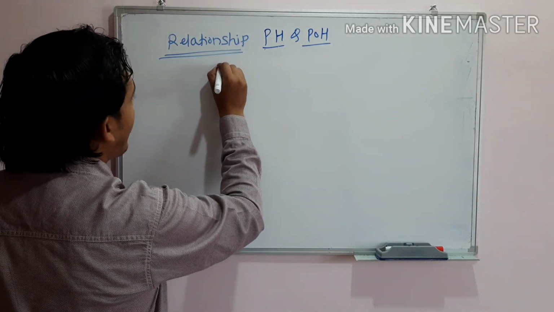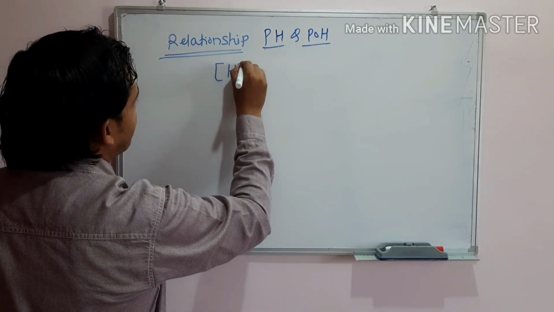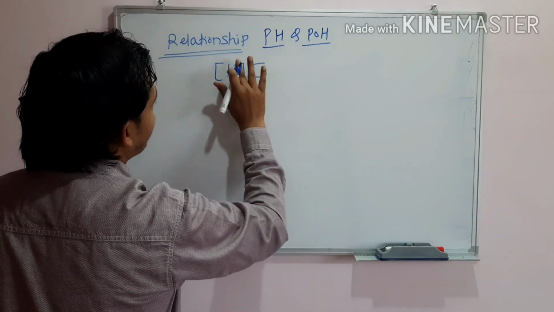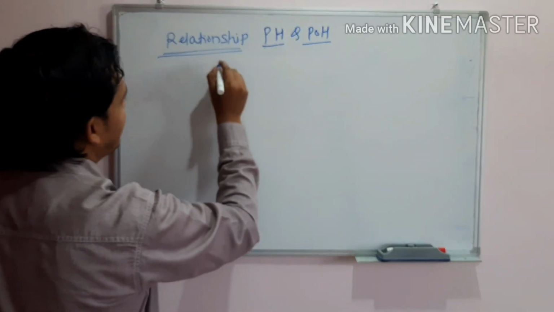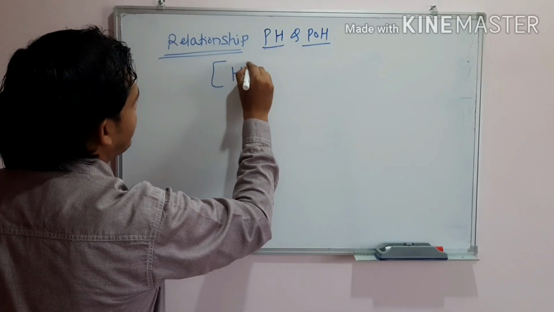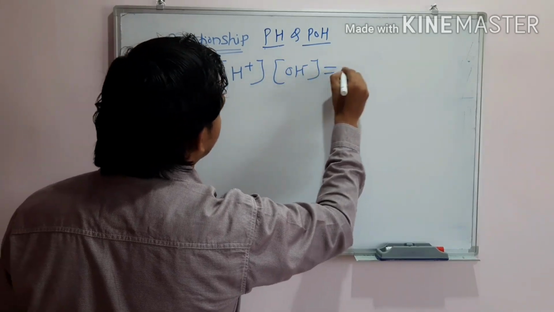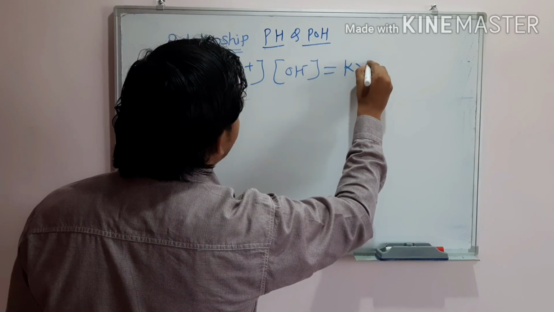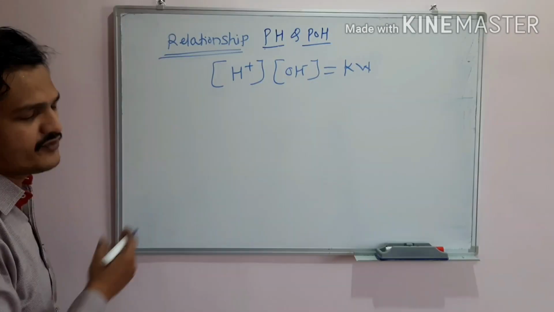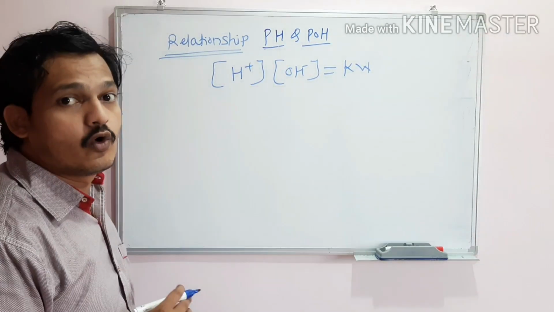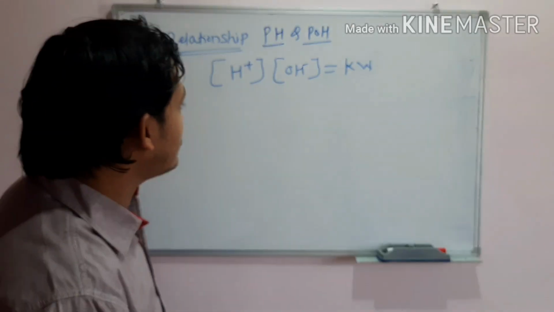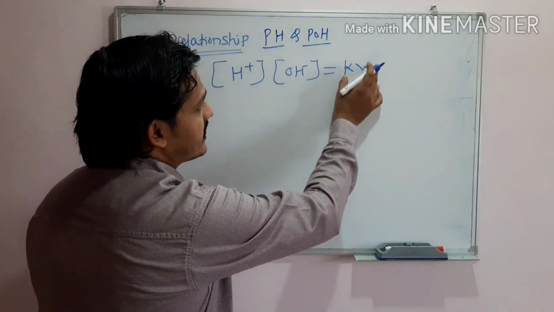So, let us move to the ionic product of water. The formula of the ionic product of water is, so I am writing once again, in bracket H plus, in bracket OH minus is equal to Kw. This is the formula of the ionic product of water. Now, what is the value of the ionic product of water?